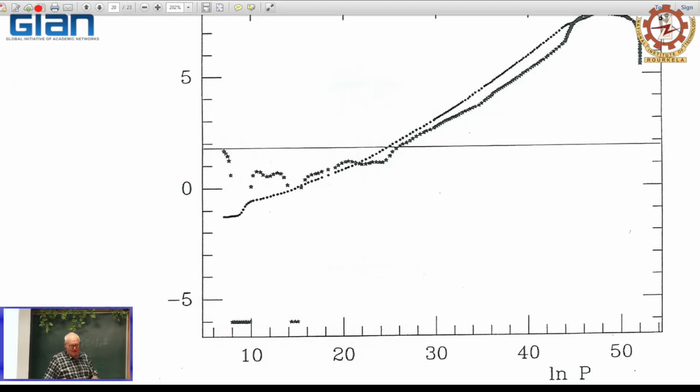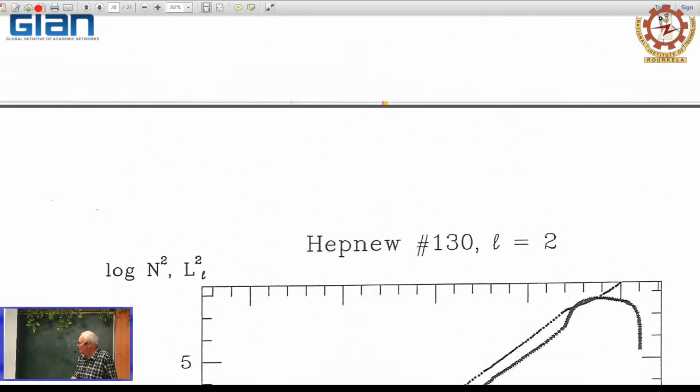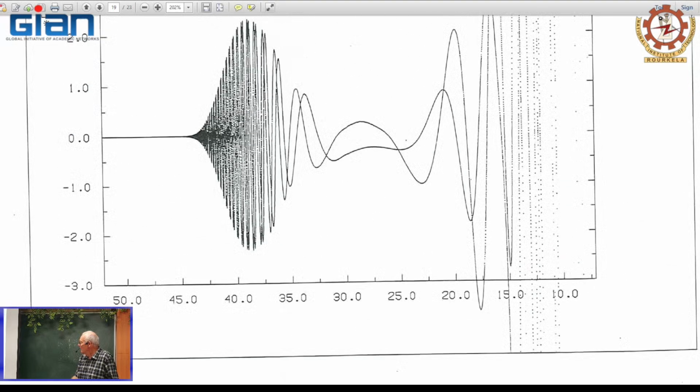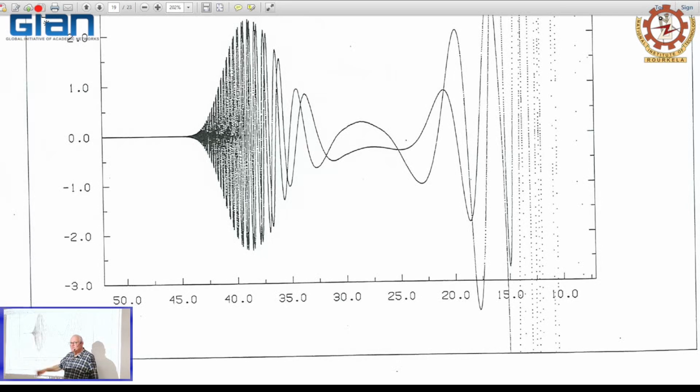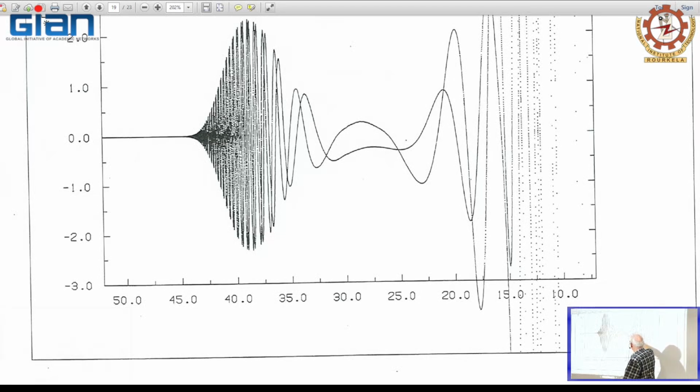Okay, what do we see in our eigenfunction? Well, around log p 25, the oscillations seem to go away. So this is an indication for the evanescent zone, and we have p mode propagation out here and g mode with high order, that means with many nodes, in the center of the star.